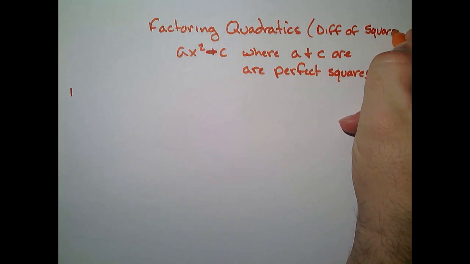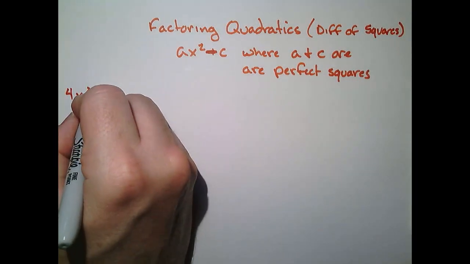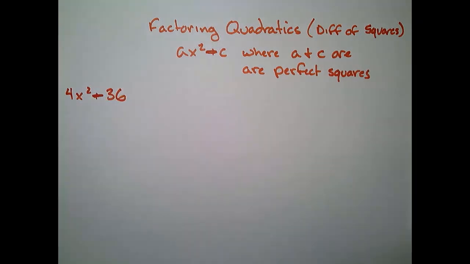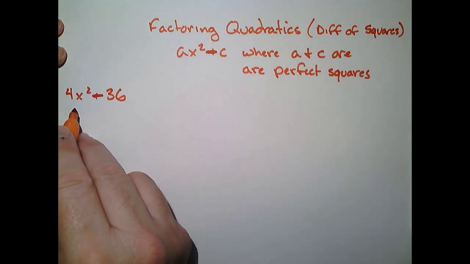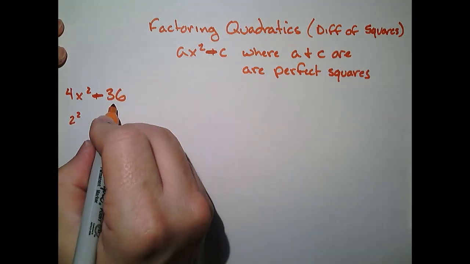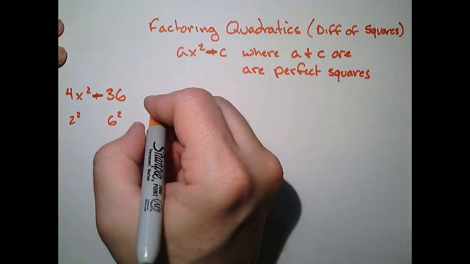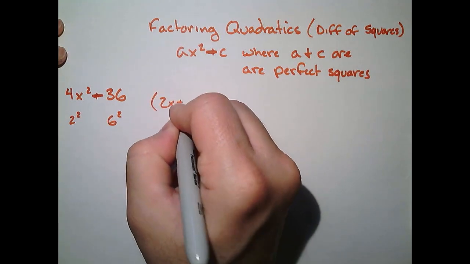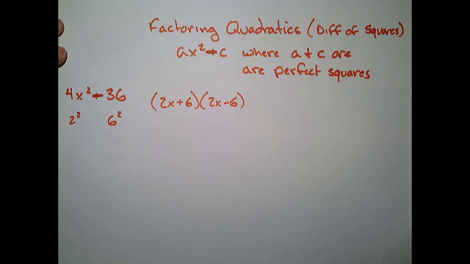Call this a difference of squares. So we have 4x squared minus 36. So 4 is a perfect square, 36 is a perfect square. We can think of this as 2 squared and 6 squared. So our 4x squared minus 36 will factor into 2x plus 6, 2x minus 6.